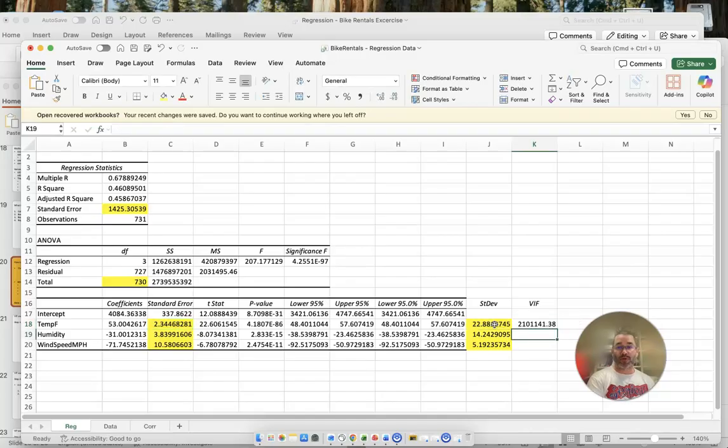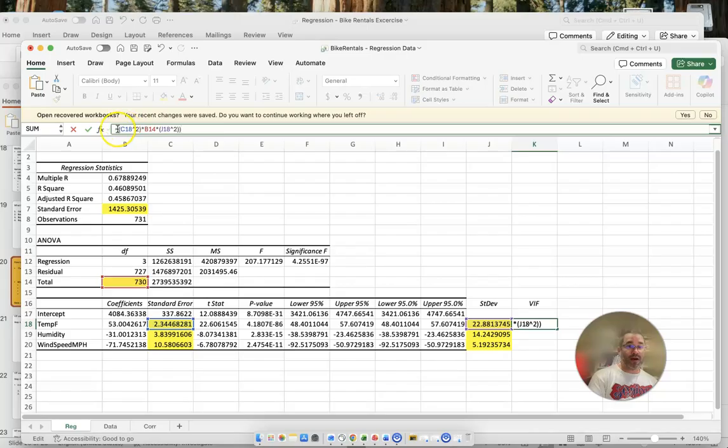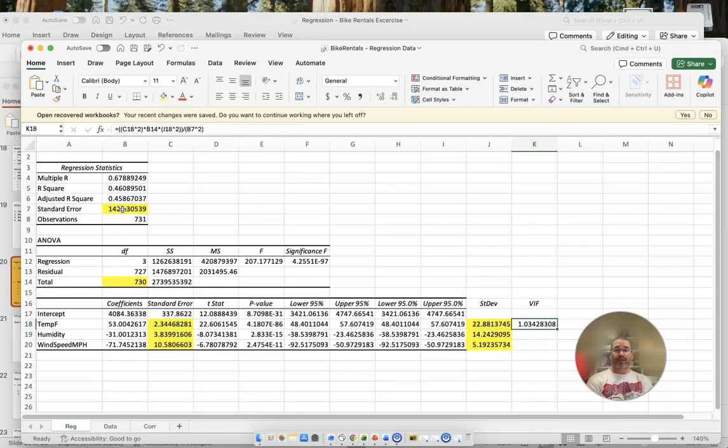Okay, so that's our numerator, pretty big number there. But then we have to divide that by the overall standard error. So more parentheses, I'm going to divide all of that by my overall standard error, which also needs to be squared. Okay, and you see when I do that, I get this nice little number.